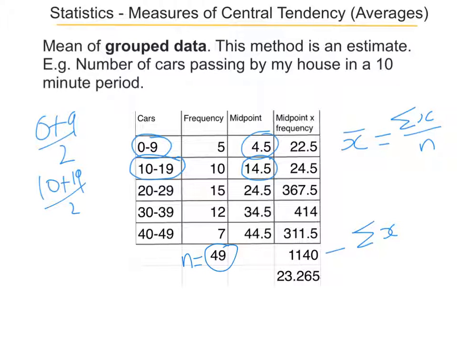That's the number of times we've collected data. So using our rule, x bar equals the sum of all the x's over the number. If I divide this one, 1140, by 49, I get this answer here, 23.2.